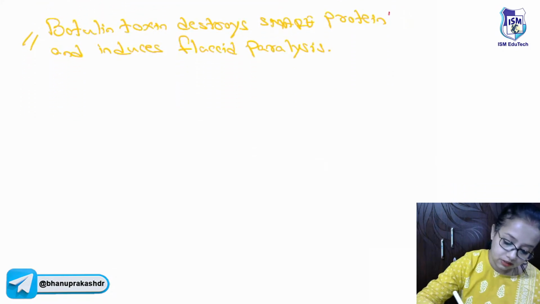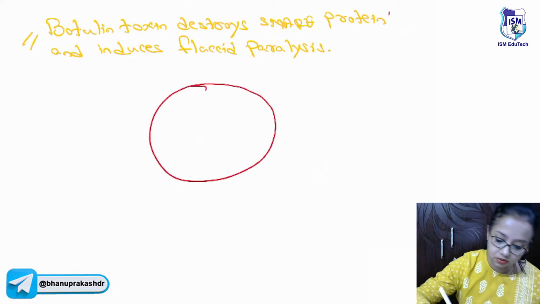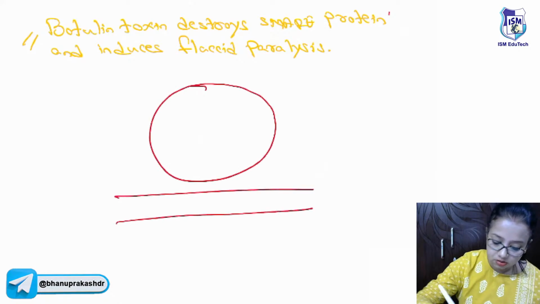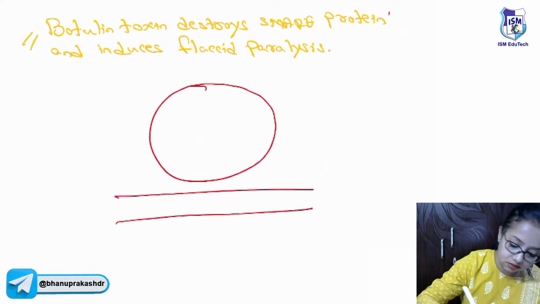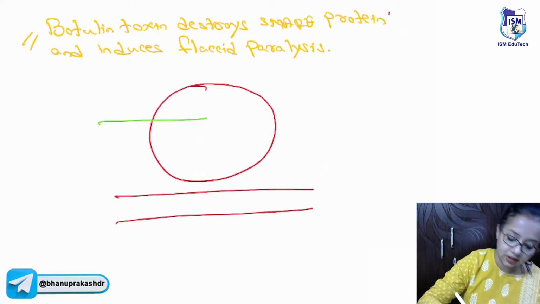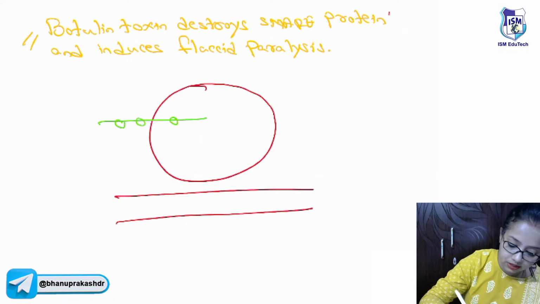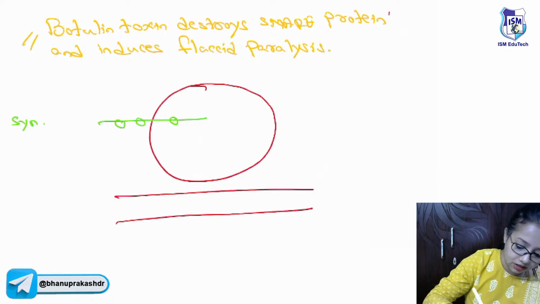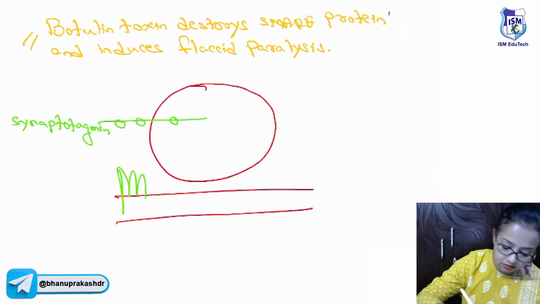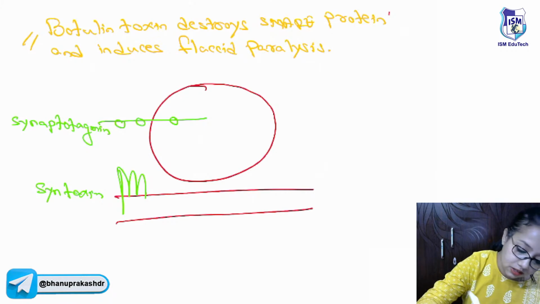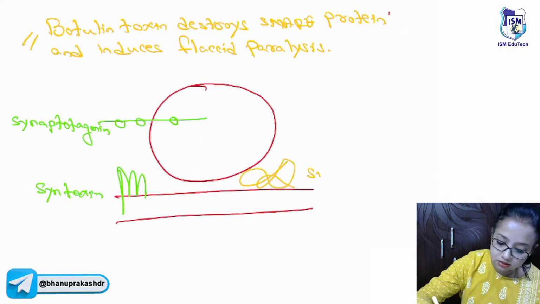Let's go a little deeper into this. So, see, this is the SNARE protein. It has subtypes which go by the names synaptotagmin, then syntaxin, then SNAP-25.